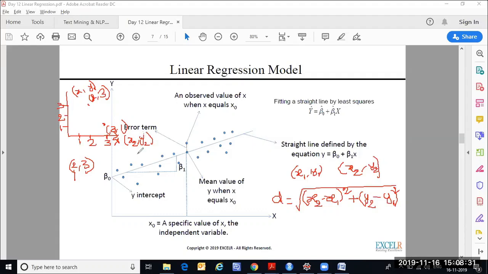When I apply this formula, what's the value that you're going to get?